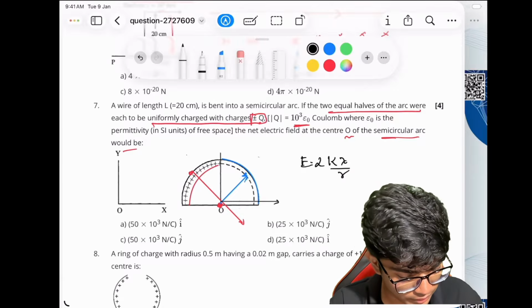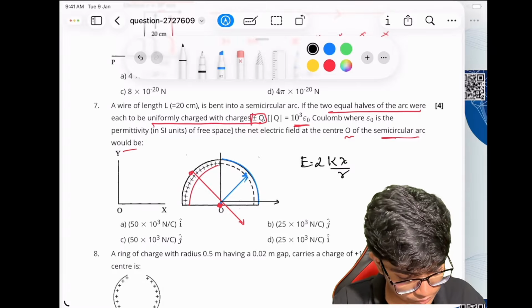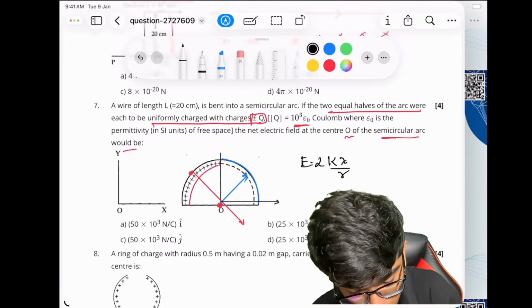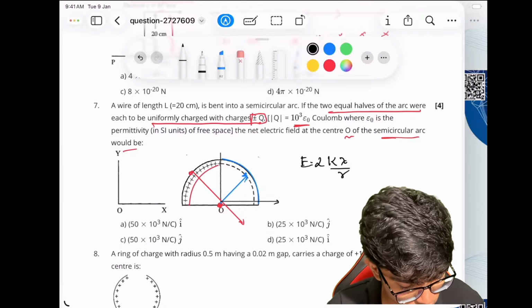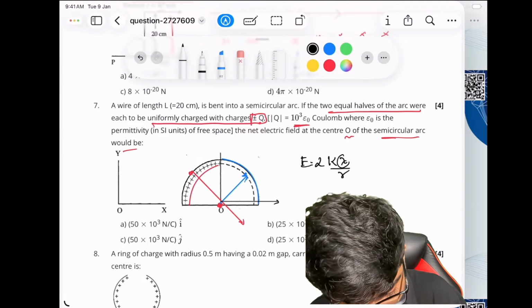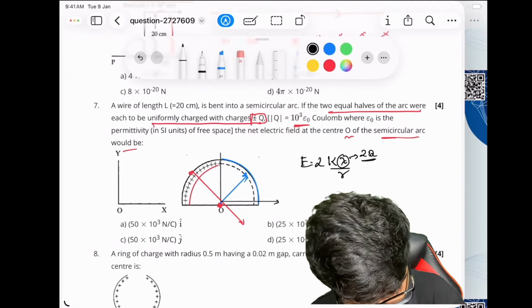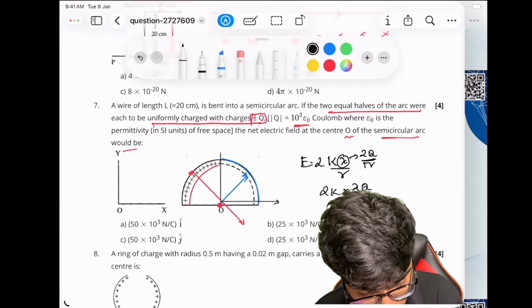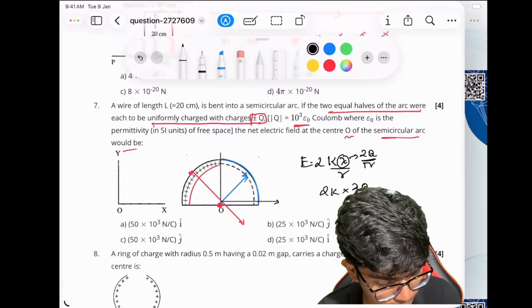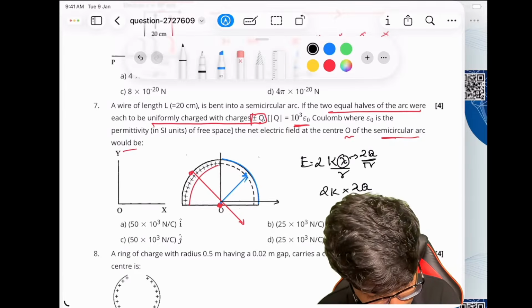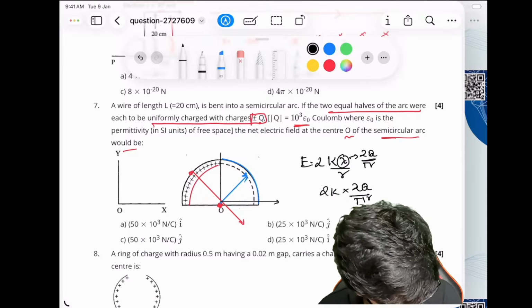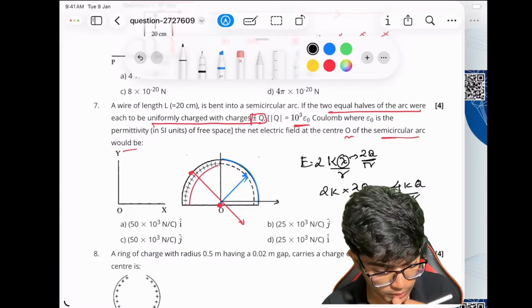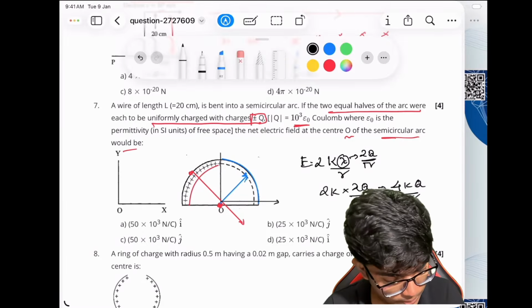Okay, fine. Divided by pi r. So 2k into 2q divided by pi r. Okay, fine. It will be nothing but 4k q by pi r. Correct? Okay, fine.